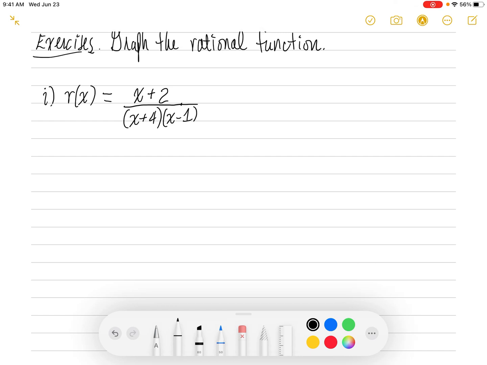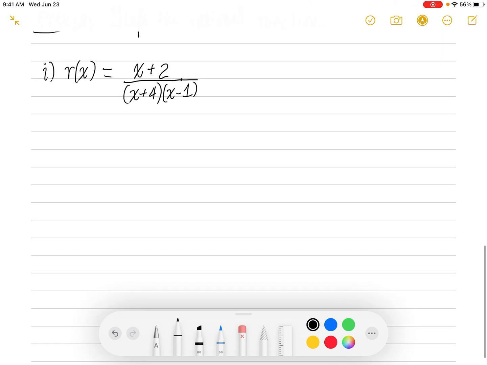Graph the rational function. I'm going to include vertical asymptotes, horizontal asymptote, the x-intercepts, the y-intercept, and I might include one extra point sometimes, a test point to help me get this thing graphed. All right, so I'm going to begin with, first of all, the vertical asymptotes.